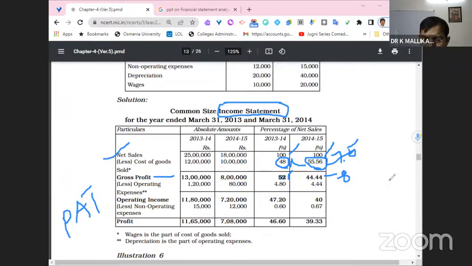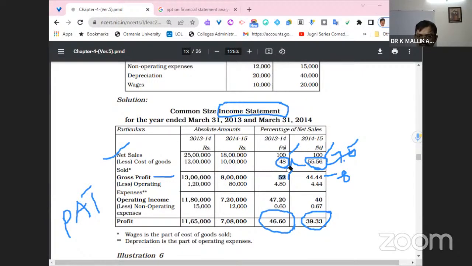Operating expenses earlier were 4.8%, now 4.4%. Operating income earlier was 47.2%, now it is 40%. Profit earlier was 46%, now it comes down to 39%.